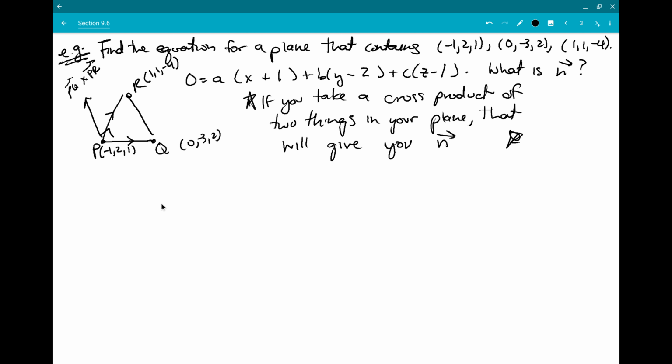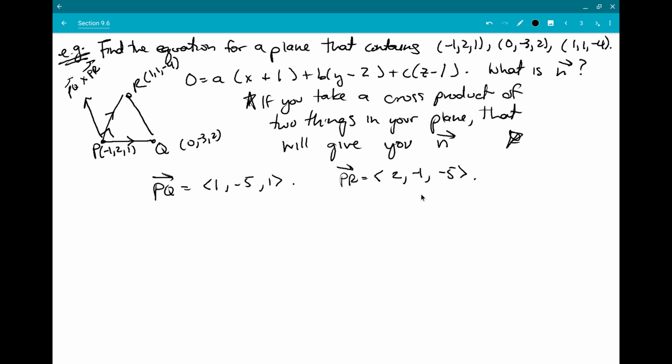And so for us, we can go ahead and find these two vectors. PQ is going to be 0 minus 1 is 1, -3 minus 2 is -5, 2 minus 1 is 1. And PR is going to be 1 minus 1 is 2, 1 minus 2 is -1, -4 minus 1 is -5.